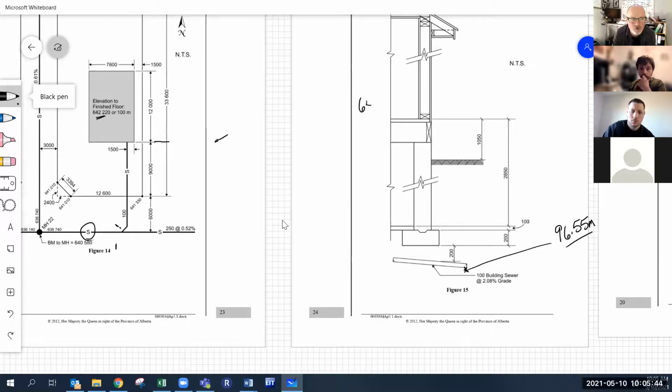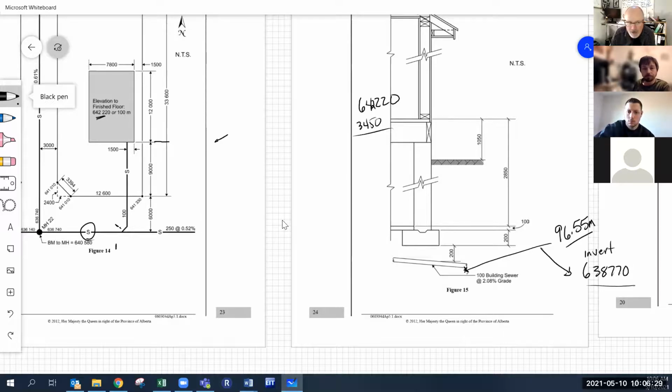This is 642,220, and if I take off whatever that drop was, 3.45 meters, let me just do that math. 642,220 minus 3,450. So this invert now becomes geodetic at 638,770. Okay, that's this invert there.